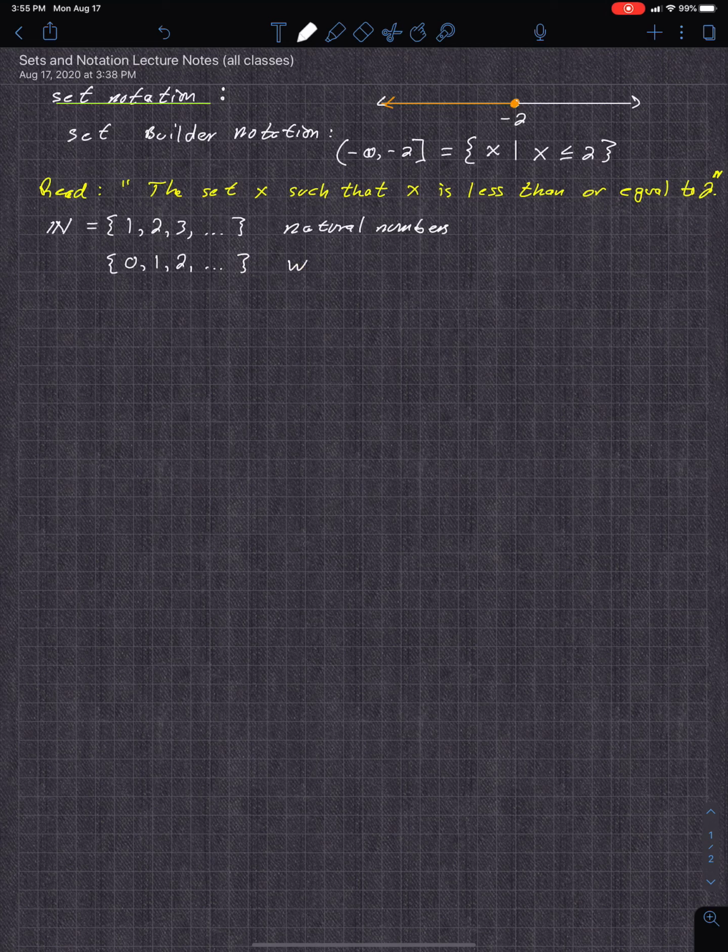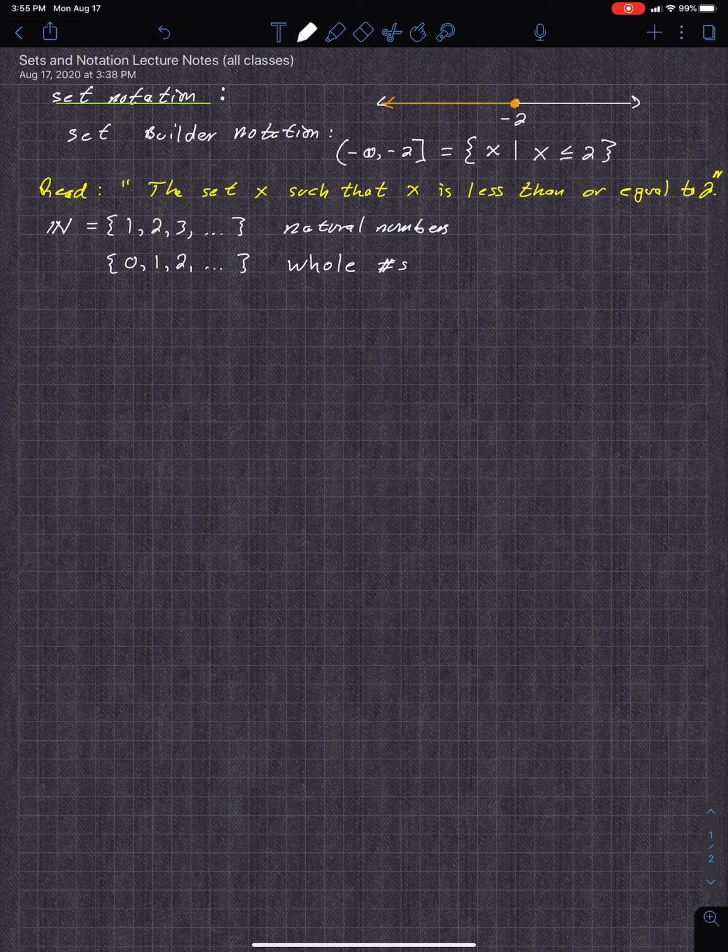Okay, and we don't always refer to them as those names, but that's what you would name them. We can say like positive integers, negative integers, non-negative integers. That's what we usually say in the books.